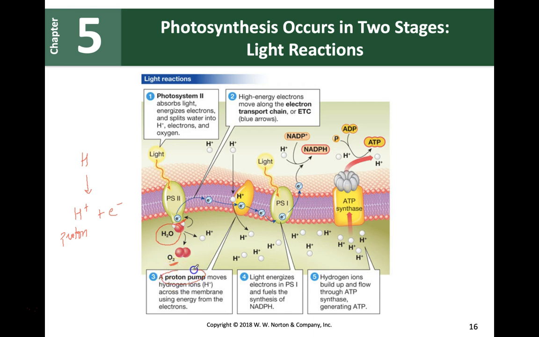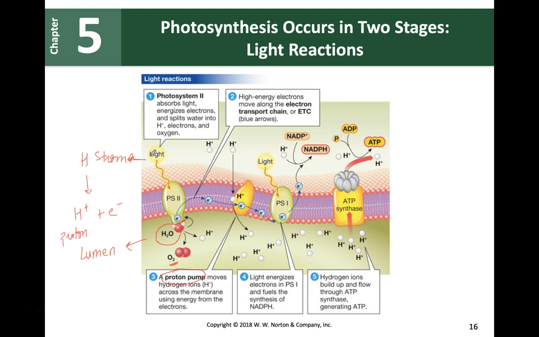Why is it called a proton pump? This guy is able to pump the H plus ion into this area. So this region, guys, is called the lumen. And guys, this part is called the stroma.